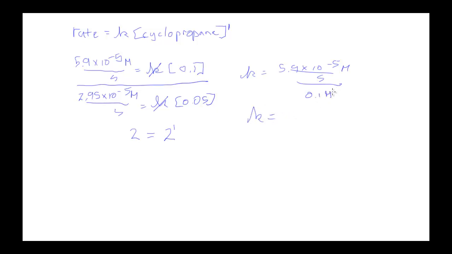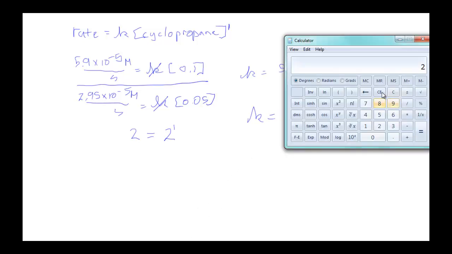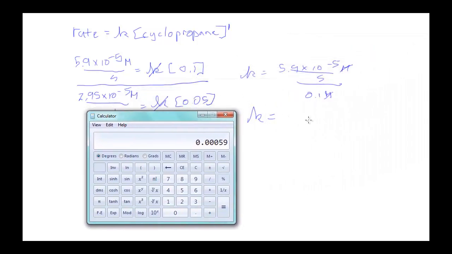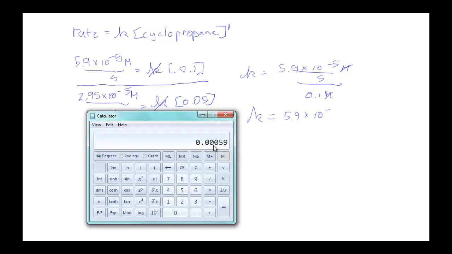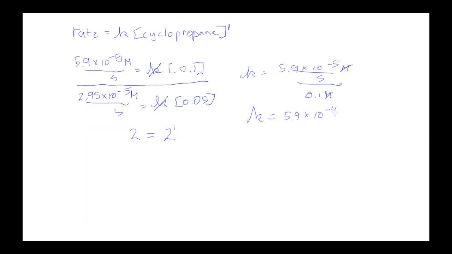The molars are going to cancel out. K is going to be 5.9 times 10 to the minus 5 divided by 0.1, which equals 0.00059. So that's 5.9 times 10 to the minus 4 per second.